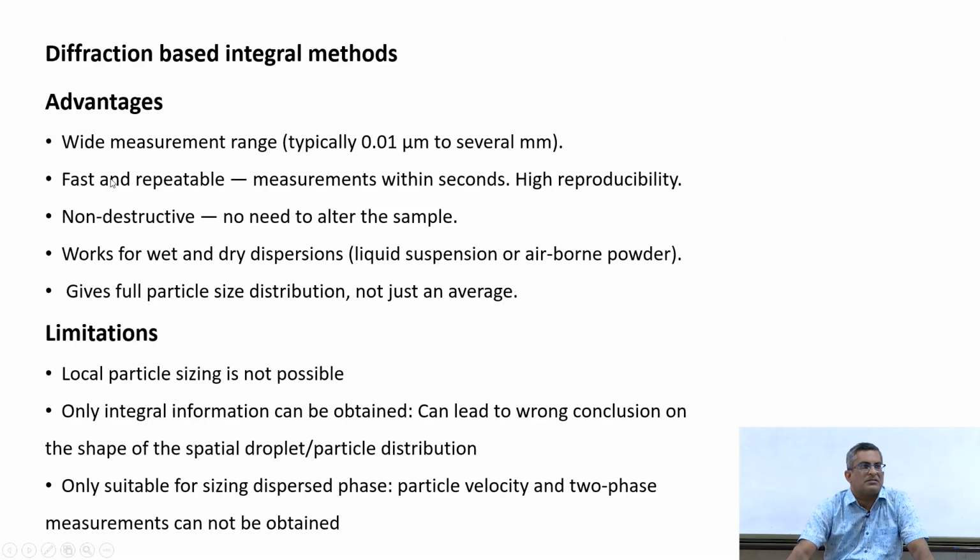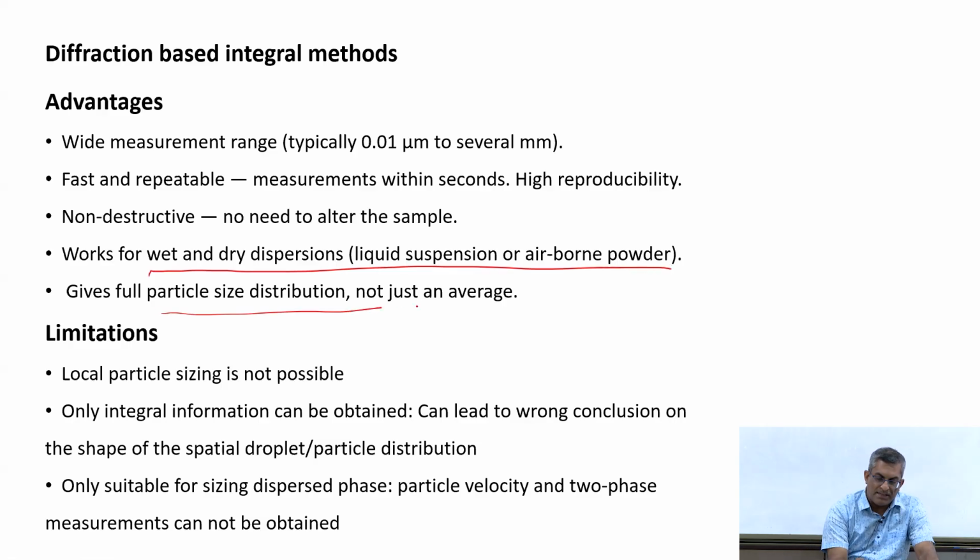The technique is also really fast, even though it has to do this deconvolution process, which can be done very quickly in modern processors. It is also a non-intrusive technique, and importantly it can work for wet and dry suspensions, and we get the full size distribution, not just an average as in the case of planar droplet sizing.